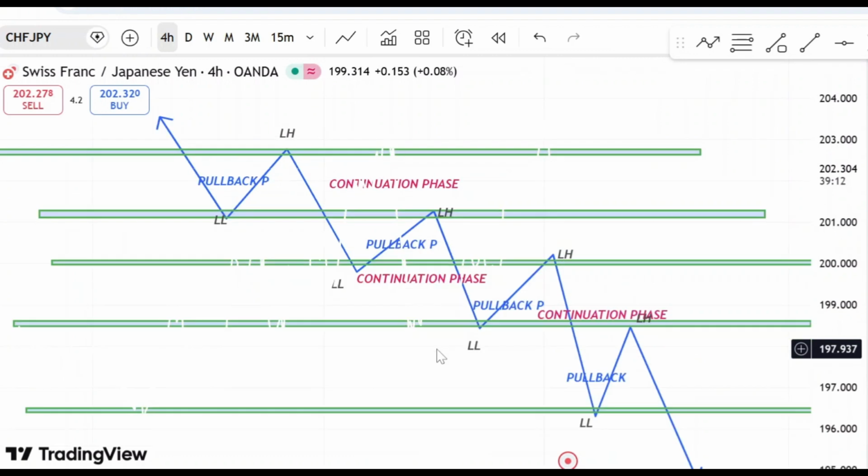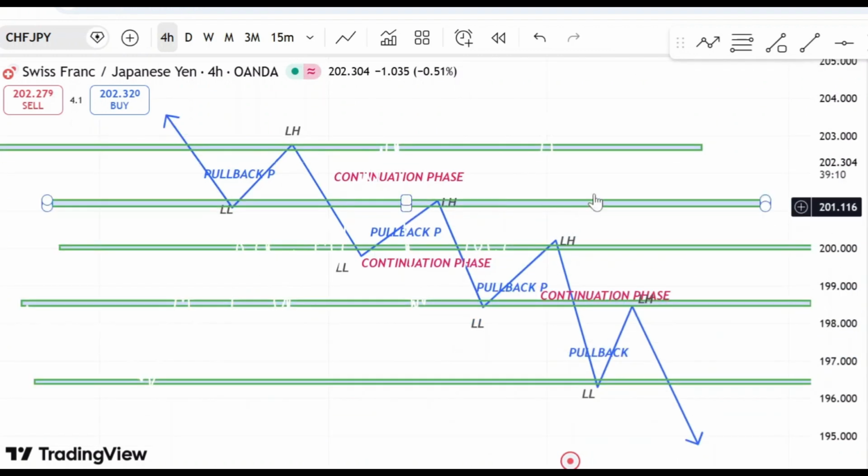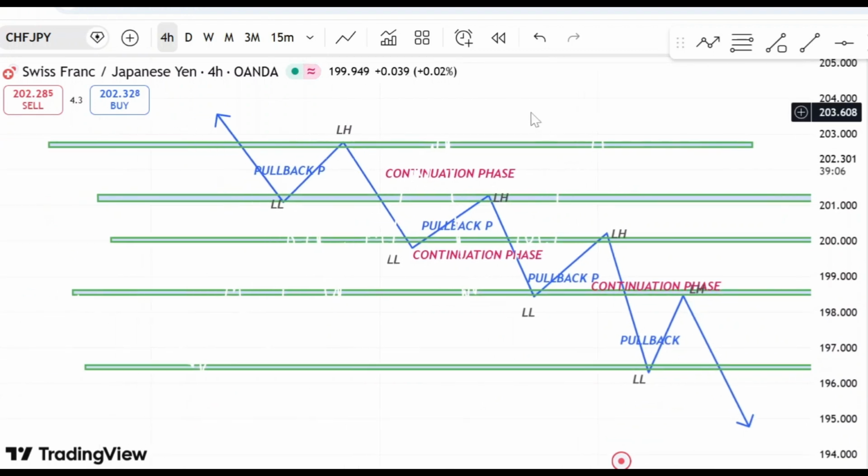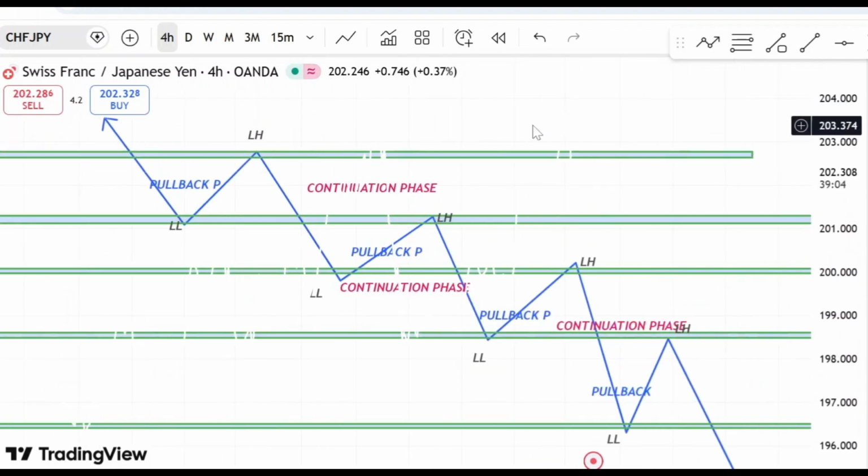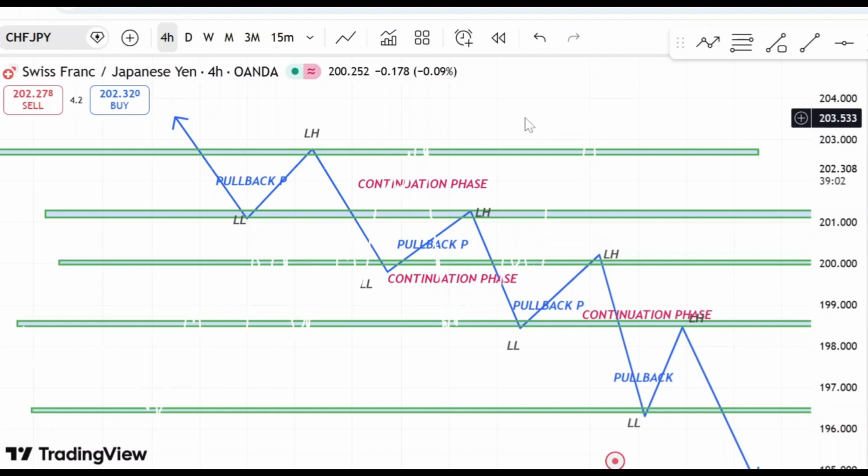So when we are entering the market, we always enter on the lower high for a sell. This is a bearish market. We always enter on the lower high here.